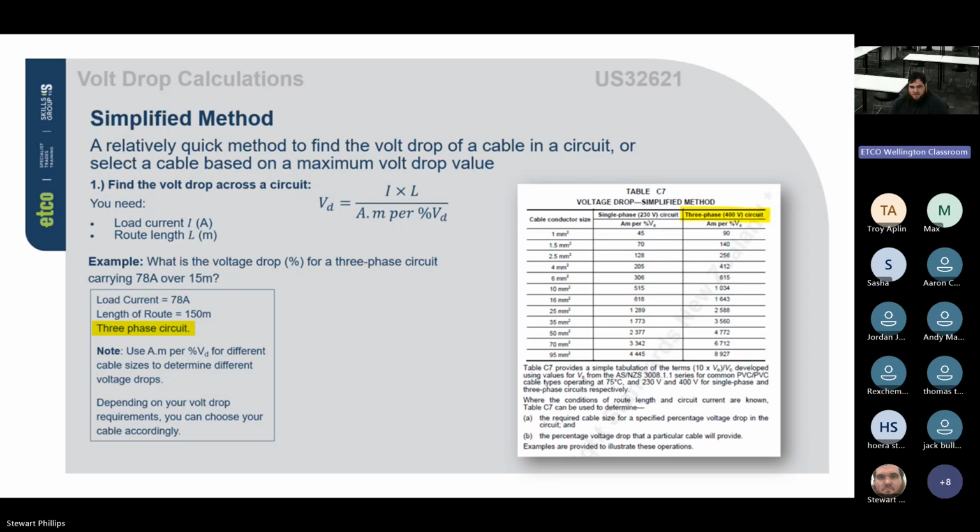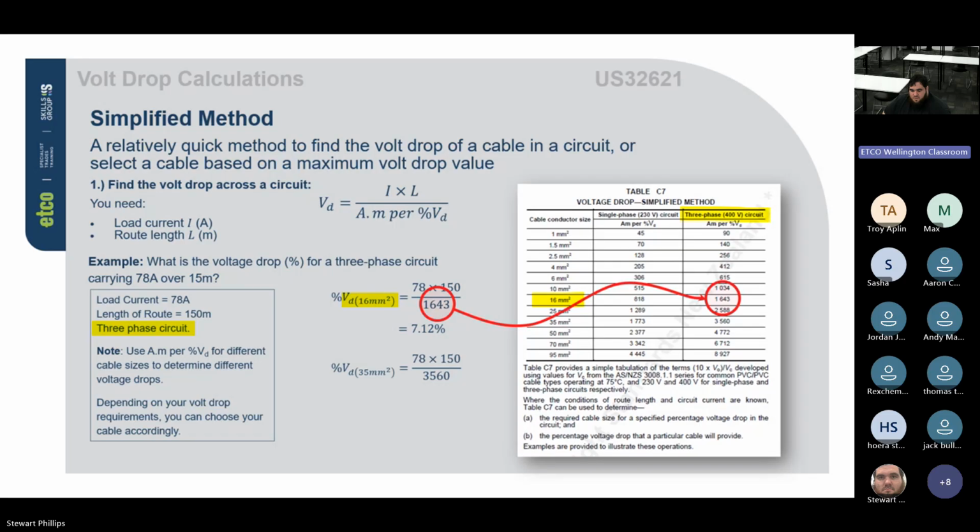Yeah, so we need to make sure we're using the three-phase circuit values. So for 16 mil, 1643, we would get 7.12%.